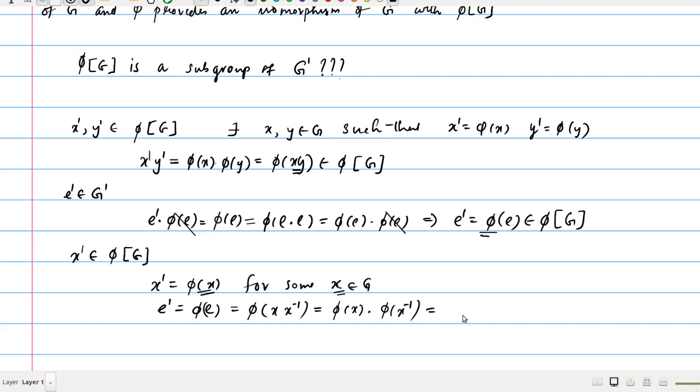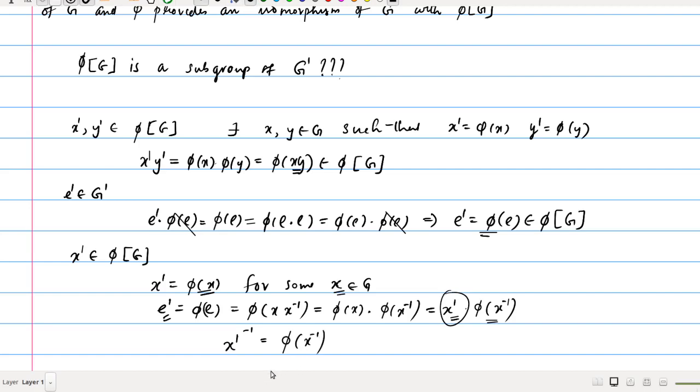Phi of x equals x prime, so this is x prime times phi of x inverse, which shows that E prime can be obtained by multiplying these two. So this proves that the inverse of this element is this one. So x prime inverse is equal to phi of x inverse.